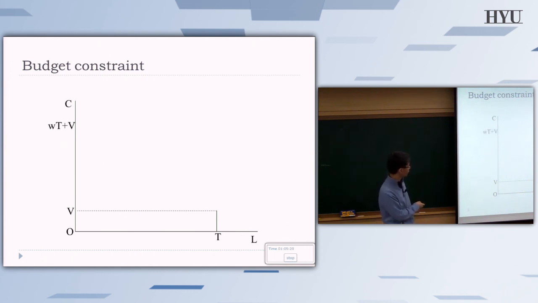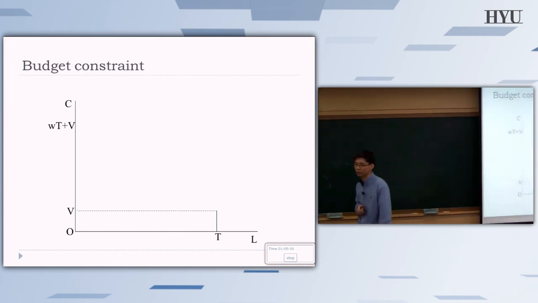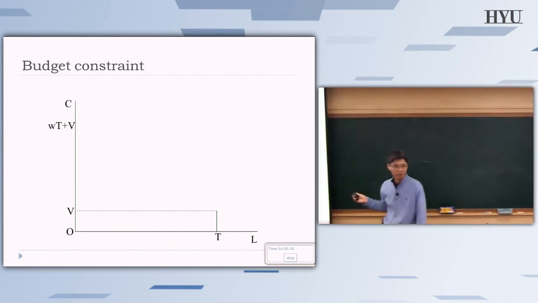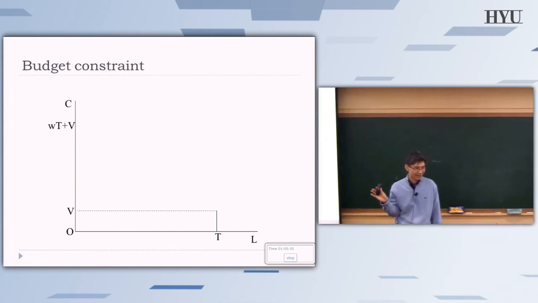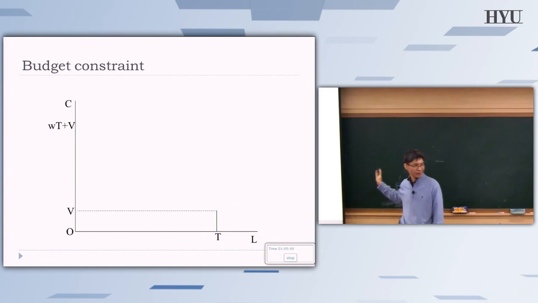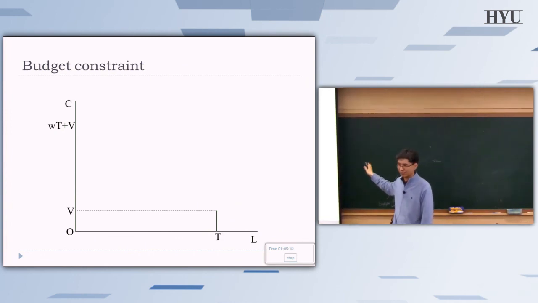The other extreme is if the person has no leisure time: WT plus V. That's the income, or the consumption. Income and consumption in this diagram are synonymous.